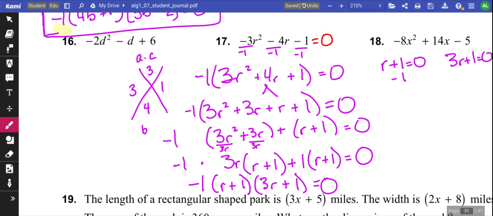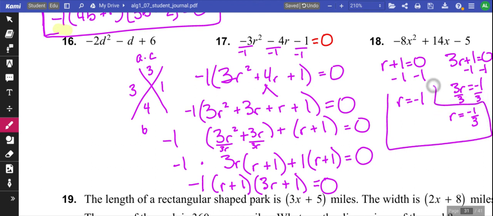I'm going to subtract 1 from each side, so I get r is equal to -1. Over here, I'm going to add or subtract first. I'm going to subtract 1. 3r is equal to -1. I want to divide by 3, so I get r is equal to -1/3.